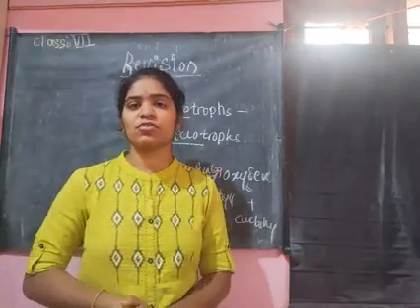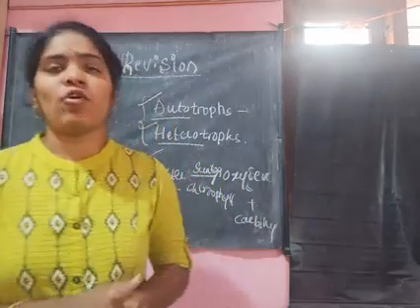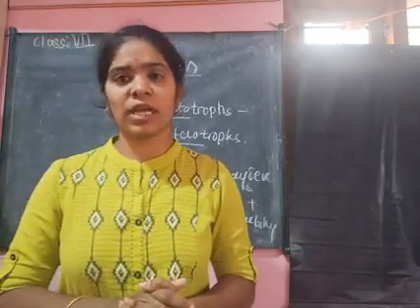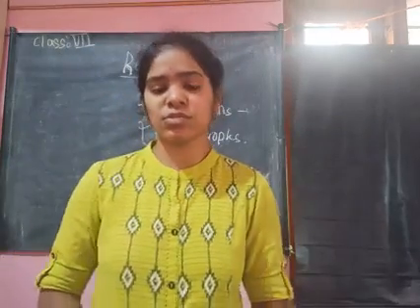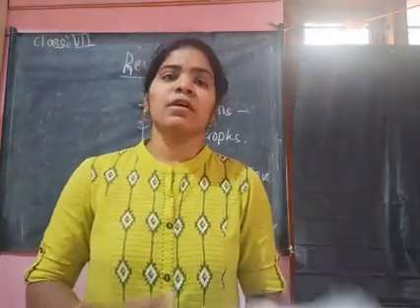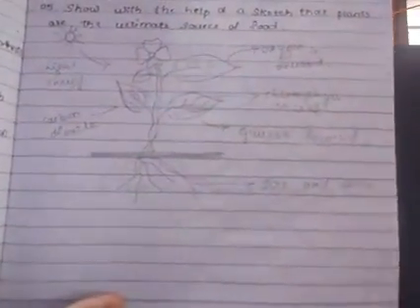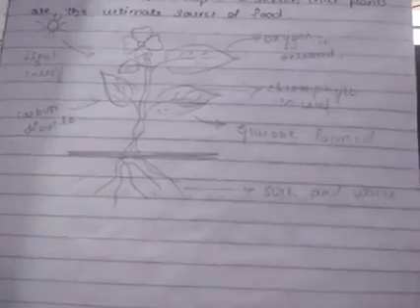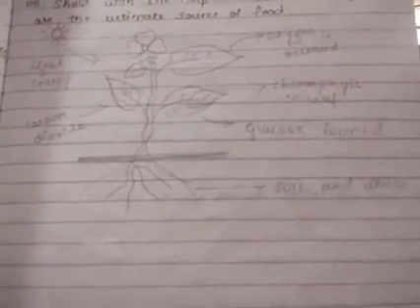And there is a question: tell me what the plant is the ultimate source of energy for. For that I have sent you the notes. Okay, wait. Here is a diagram showing that from the sunlight the plants get energy and prepare their food, which is supplied to all the parts of the plant body.